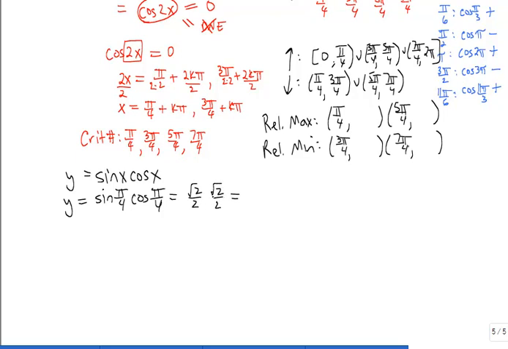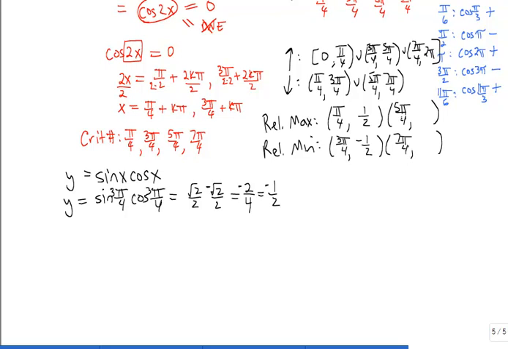When I multiply those together, root 2 over 2 times root 2 over 2 is 2 over 4, so this is a positive 1/2. Now, if I go to 3 pi over 4, that's quadrant 2. In quadrant 2, the cosine is negative, but the sine stays positive. So this would just change to a minus 1/2.